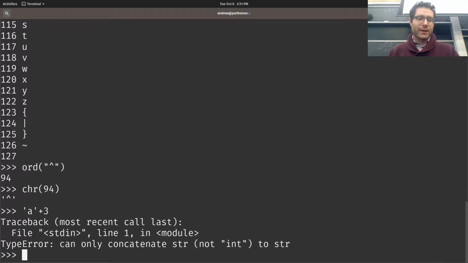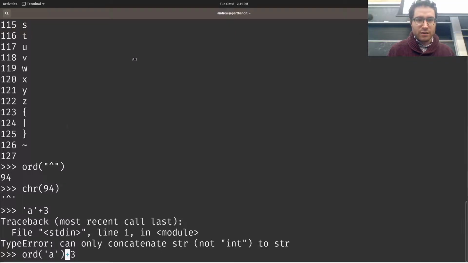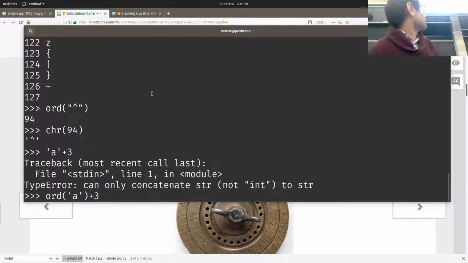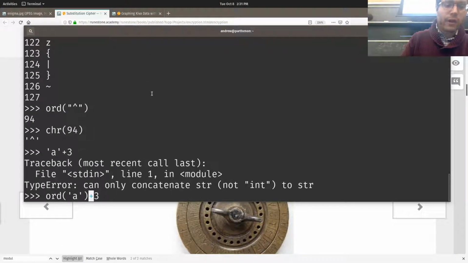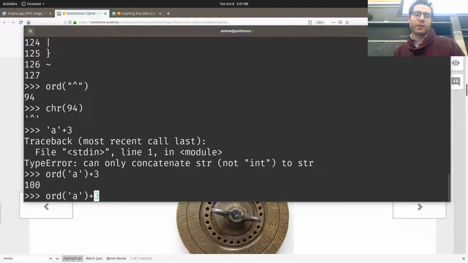So this is pretty cool, because if I want to take a and get the letter 3 after it, well, I can't do that directly. But what I can do looks a bit complicated, but it's not nearly as complicated as it seems. ord of a plus 3, lowercase a plus 3, gives me 100. Then take that value and chr that entire thing.